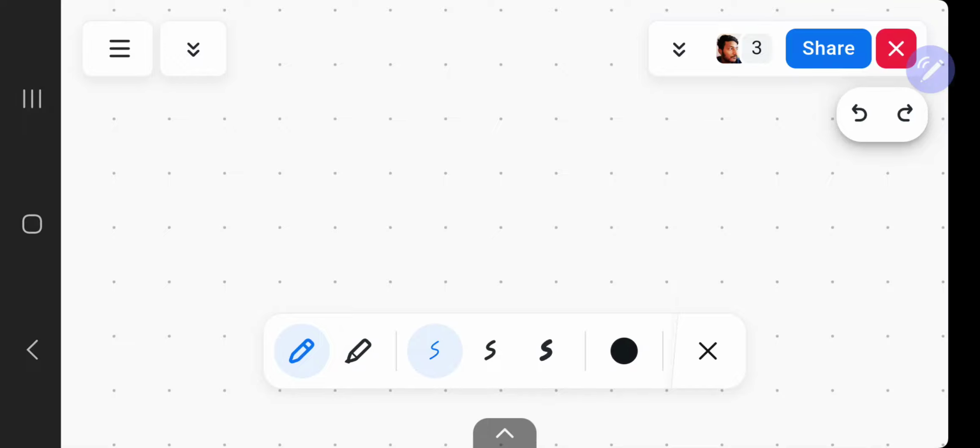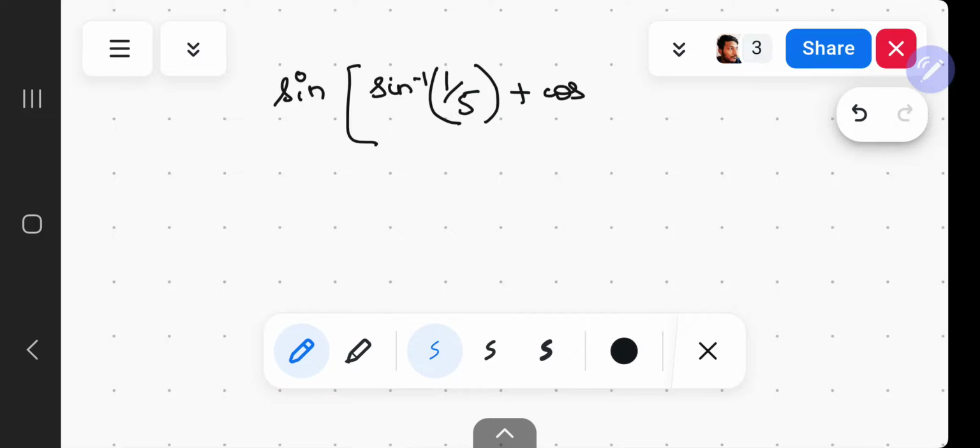Okay, now for the next question. For the next question we have sine of sine inverse 1 over 5 plus cos inverse x is equal to 1.